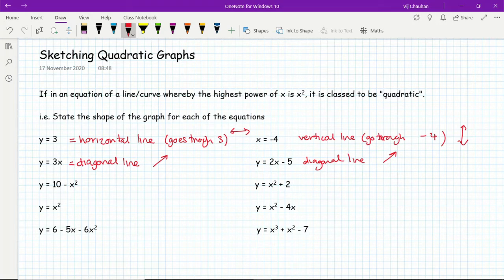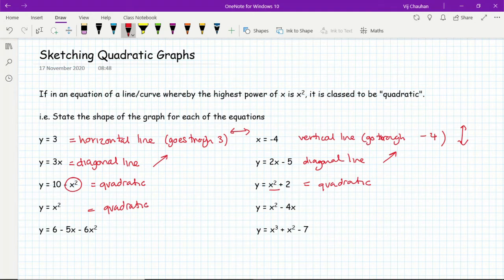For y equals 10 minus x squared, because we've got x squared, that's going to be a quadratic because the highest power of x is 2. And this one here again, we've got x squared, so that's going to be a quadratic. Here we've got, again, y equals x squared, that's also going to be a quadratic.